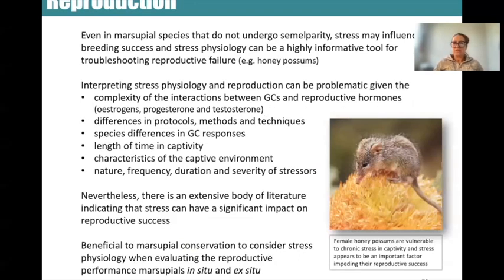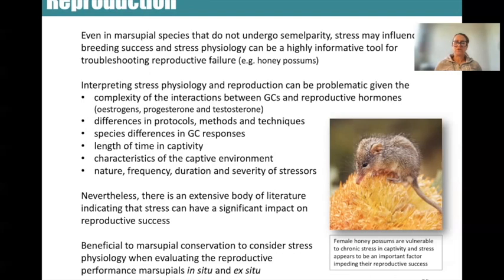But even in those species that do not display semelparity, stress can influence breeding success, and stress physiology may be highly informative for troubleshooting reproductive failure in breeding programs and the sustainability of wild populations.